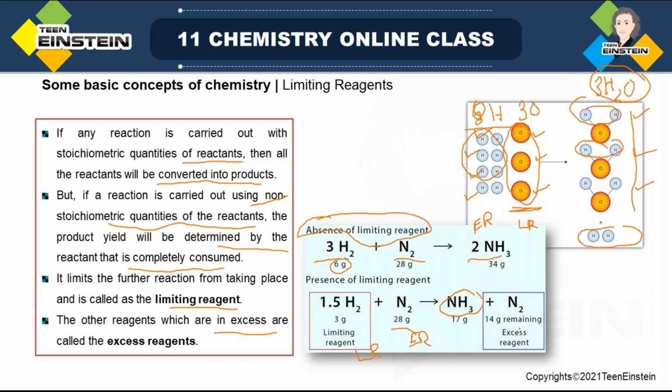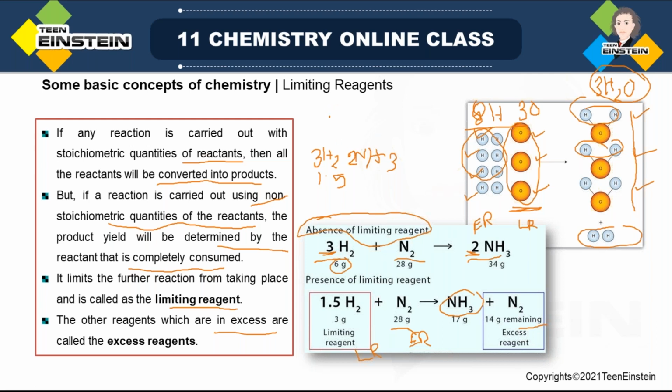From the balanced equation, the ratio of H2 to ammonia is 3:2.